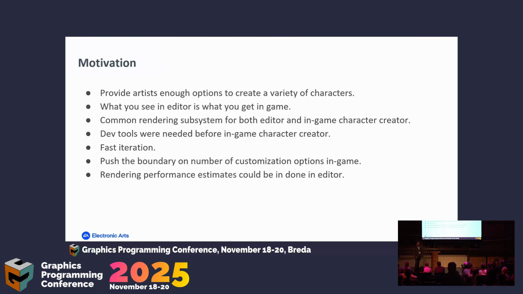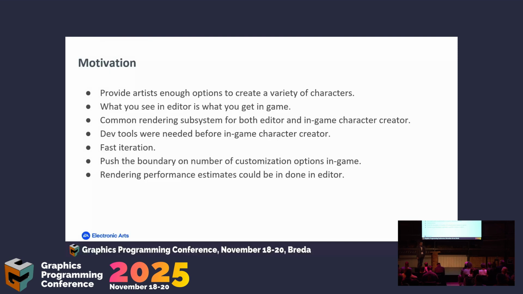So for our goals, the first one was to provide artists enough options so that they can create a variety of characters. And the fidelity that was obtained in the editor was also similar to what we get in the game. We used a common rendering subsystem for both the editor and in-game character creator. The dev tools were needed before we could do our character creator, so that kind of helped us scope the number of customizations that we could provide to our players.